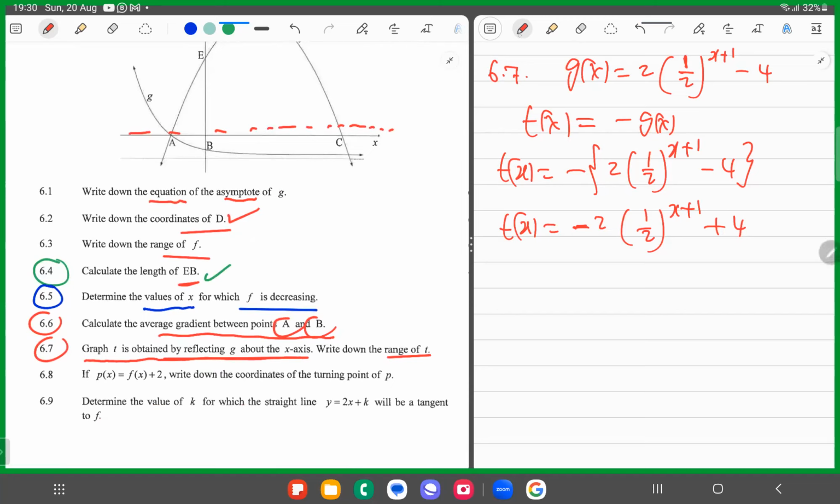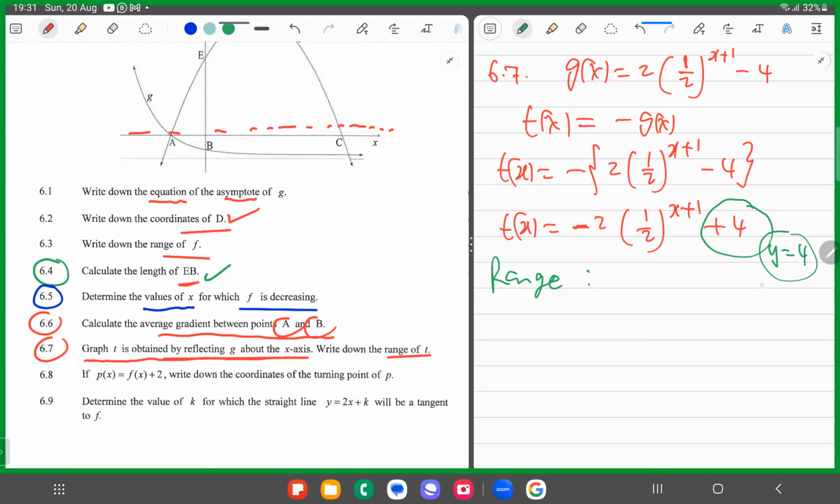So what is the range? So the range of the function will be what? Now, this is the function now that you are dealing with, and it has this as a horizontal asymptote, y equals 4.